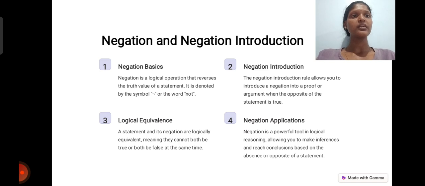The negation introduction rule allows you to introduce a negation into a proof or argument when the opposite of the statement is true. Negation is a powerful tool in logical reasoning, allowing you to make inferences and reach a conclusion based on the absence of the opposite statement.